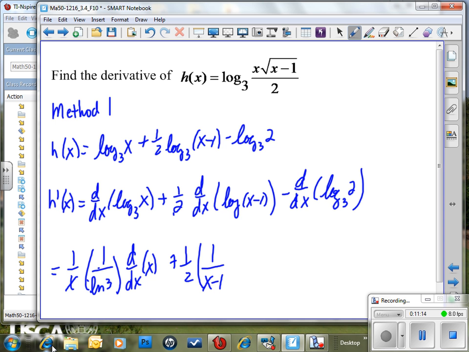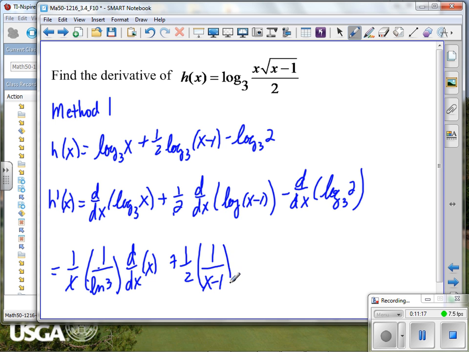Whatever that quantity is, we take its reciprocal, times 1 divided by the natural log of the base. What's the base here? It's 3, so 1 divided by natural log of 3, times the derivative with respect to x of the expression x minus 1. And we already know the last one is 0.